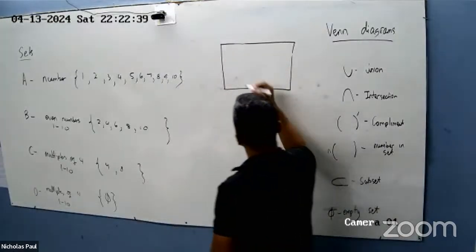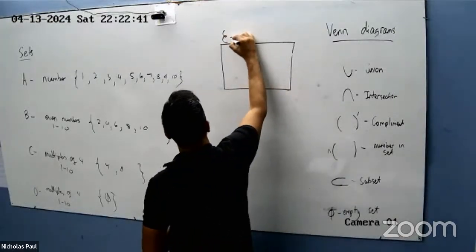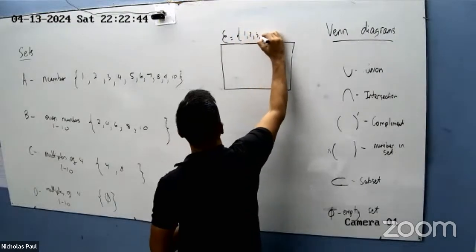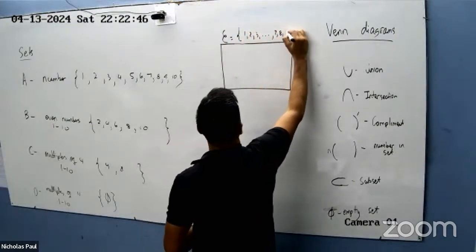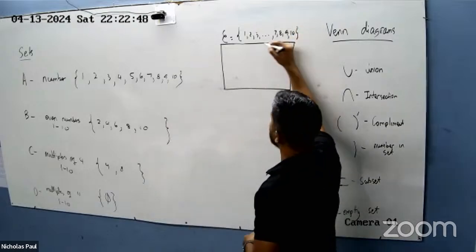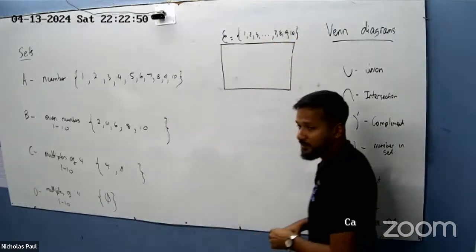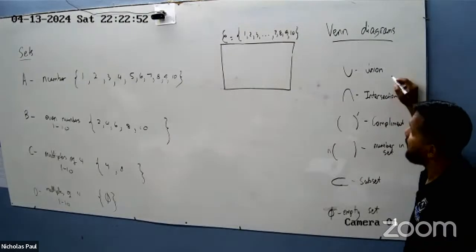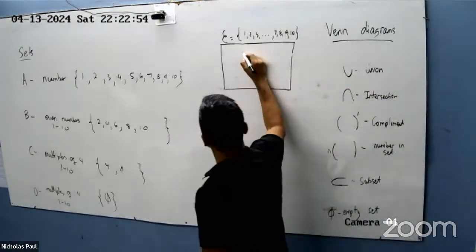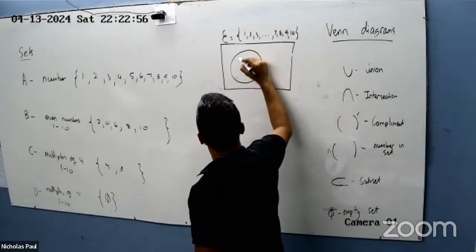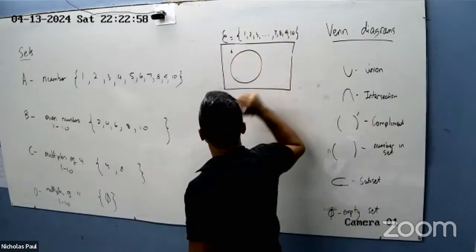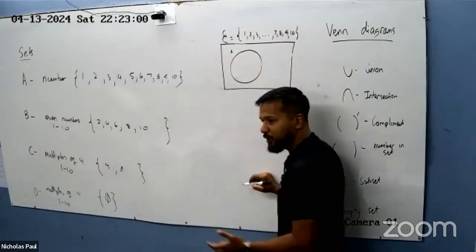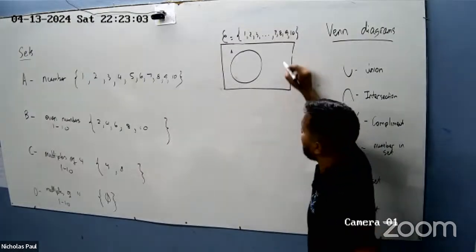As I said, the universal set on the outside is all the numbers 1, 2, 3, until you reach 10. Then let's take a look at representing A and B. Whenever you do questions like this, you don't start them up like this.